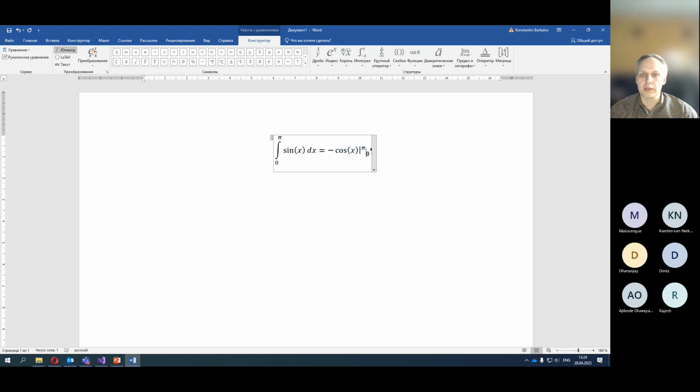From 0 to pi with such substitution, it equals the difference: the first, minus cosine pi, minus, minus cosine 0.